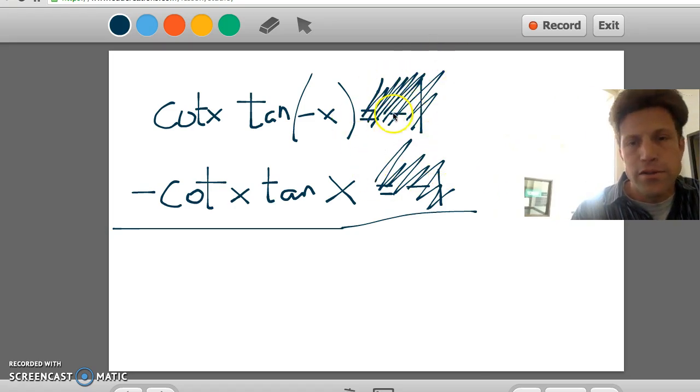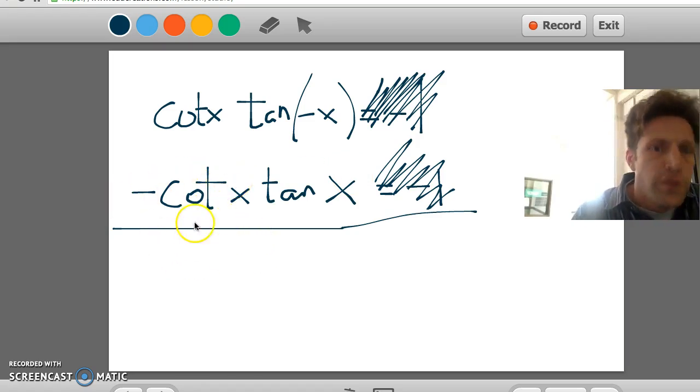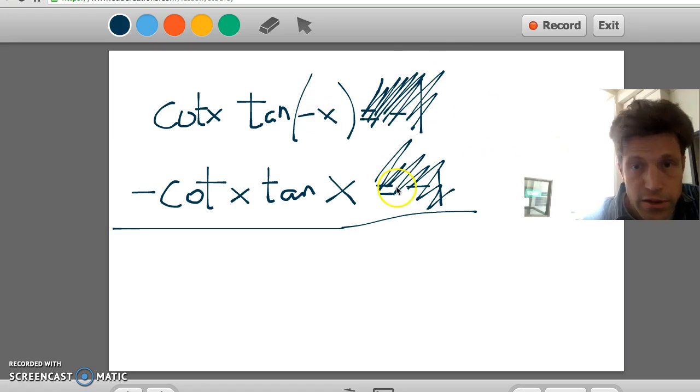So I should just ignore the right side and just start simplifying the left side, just like I was simplifying the other one before. So my first step, I didn't use the right side at all. Cotangent x times tangent x. Well, what is cotangent? It's 1 over tangent x, right? And you guys can see that we're almost there.